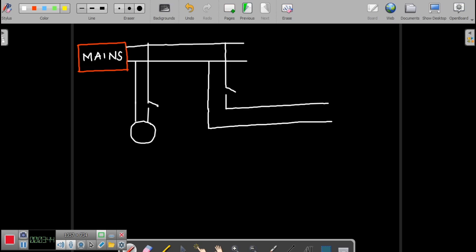Now here, let me say that I have got an indicator, something like this. Then I have the structure, something like this.